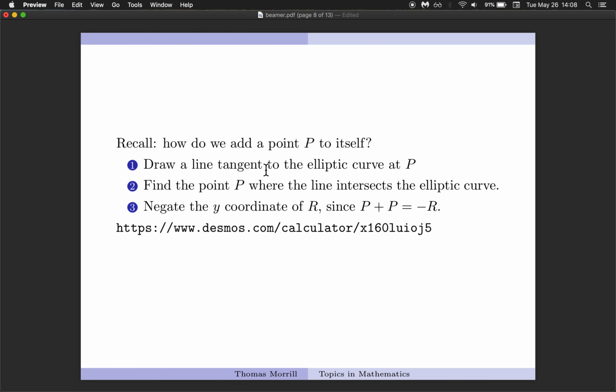we're going to take the point P. We are going to draw a line tangent to the elliptic curve based at P. We're going to find the point R where the line intersects the elliptic curve again.